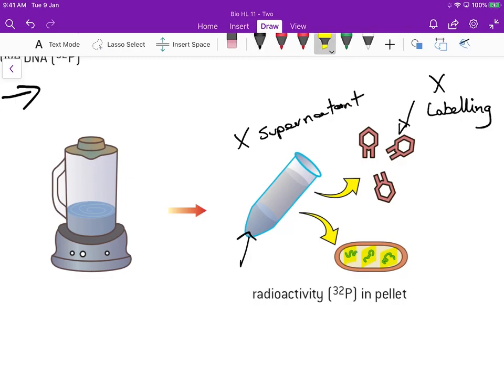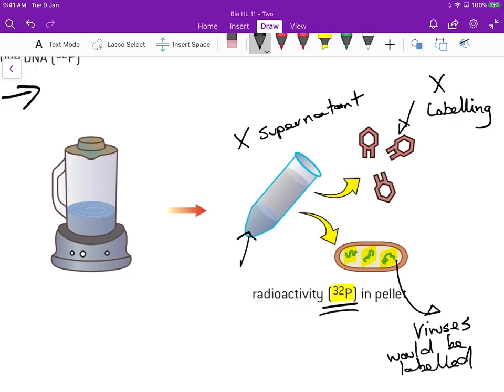And then subsequently, any of the viruses which were going to come out of this, which were going to burst out, would be labelled. So that's showing that the radioactivity is in the DNA. The DNA was passed on from the bacteriophage, and then it was reproduced inside the bacteria, and then the next generation of viruses would also be radioactively labelled with this 32P.